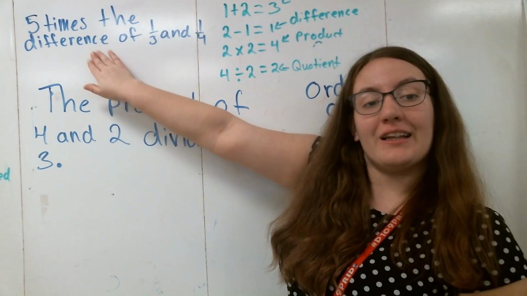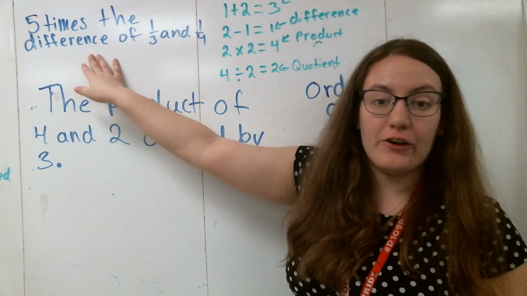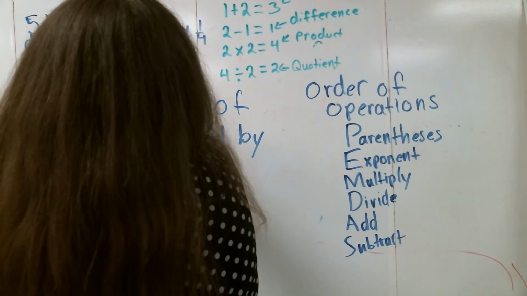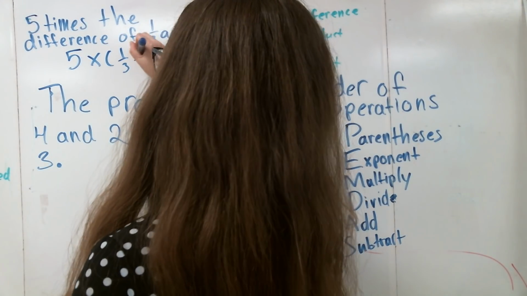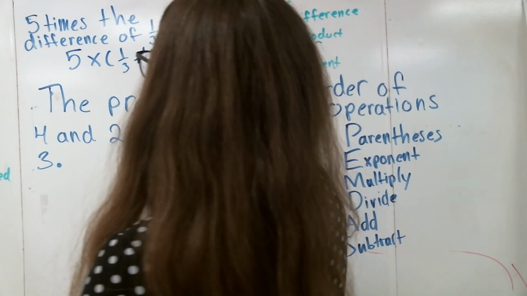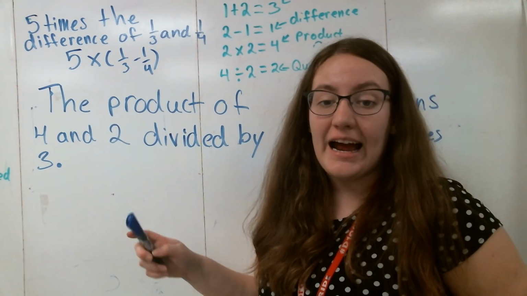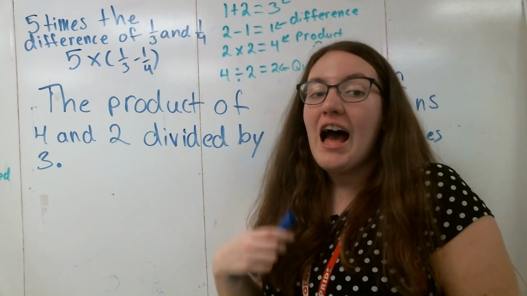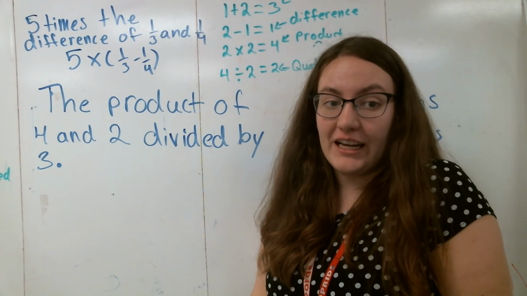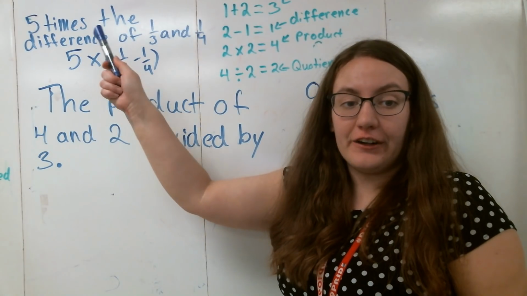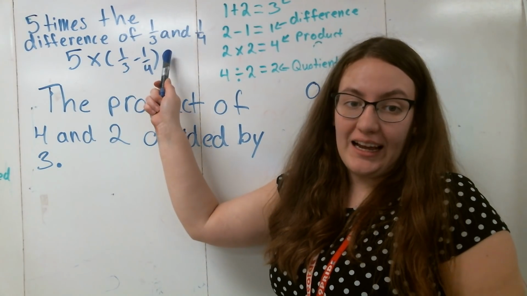So for example, that last problem we just did, if I were to write the expression that I created, 5 times a third minus a fourth, that was the numerical expression that I created from the tape diagram. I could have also shown this in word form as a sentence by saying 5 times the difference of a third and a fourth.